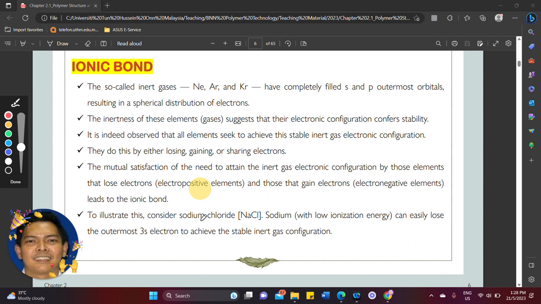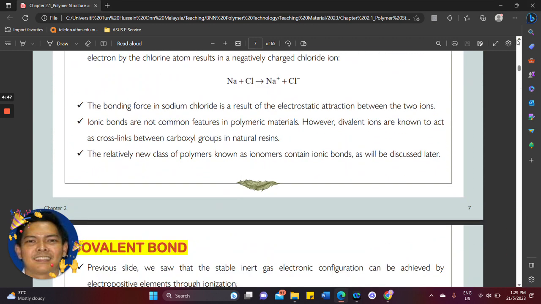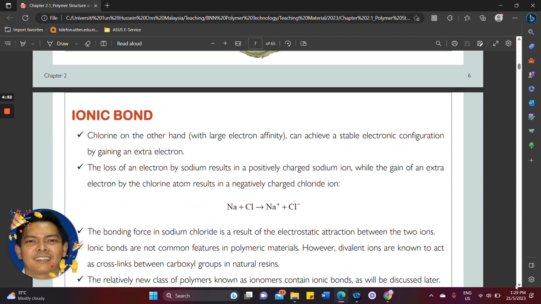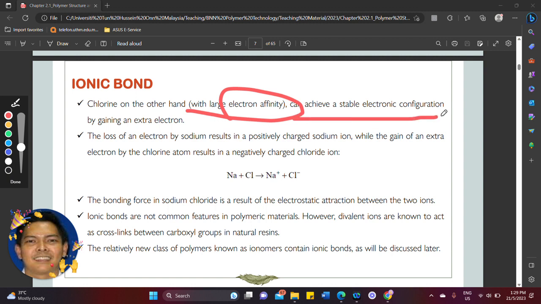To illustrate this, consider sodium chloride, NaCl. Sodium, with low ionization energy, can easily lose the outermost electron to achieve the stable inert gas configuration. Chlorine, on the other hand, with large electron affinity, can achieve a stable electronic configuration by gaining an extra electron.